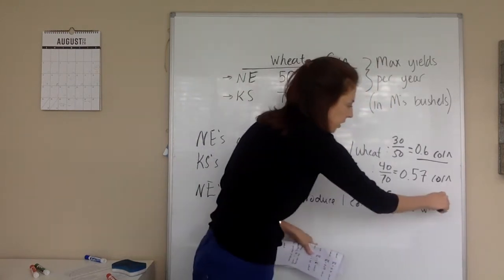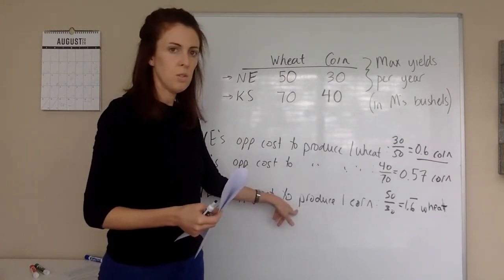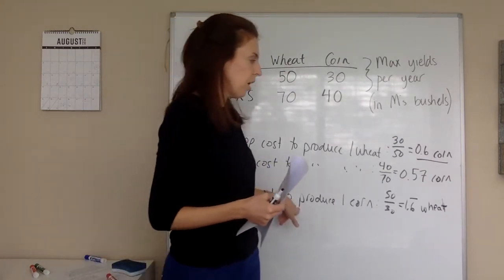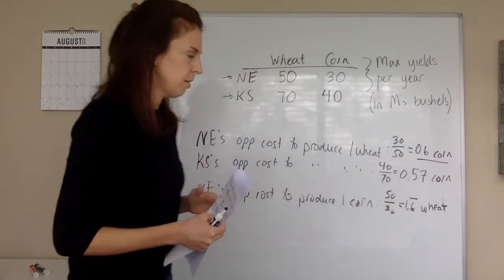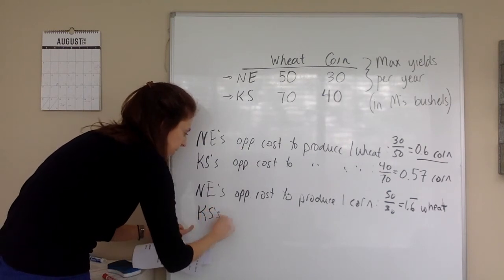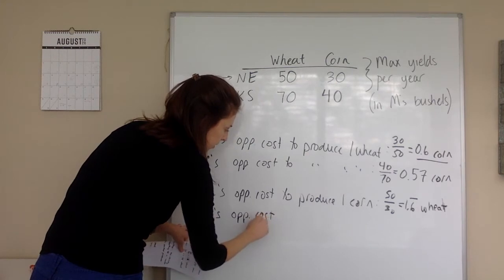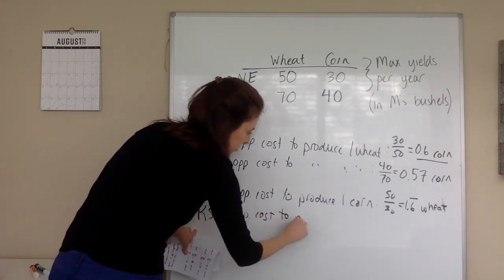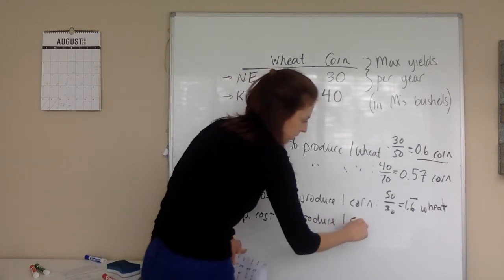So the intuition here is for each 1 unit of corn Nebraska chooses to produce, they are forfeiting the production of 1.666 units of wheat. And then the last opportunity cost we can calculate is Kansas's opportunity cost to produce 1 corn.